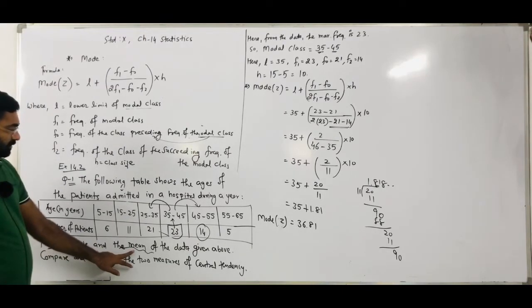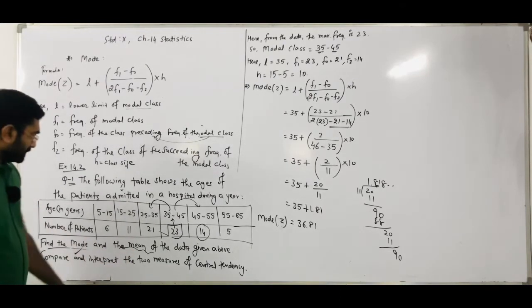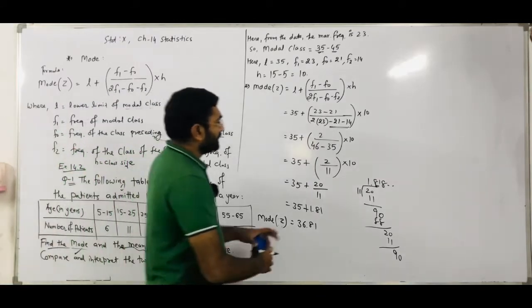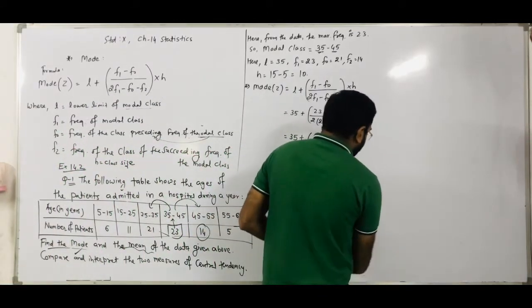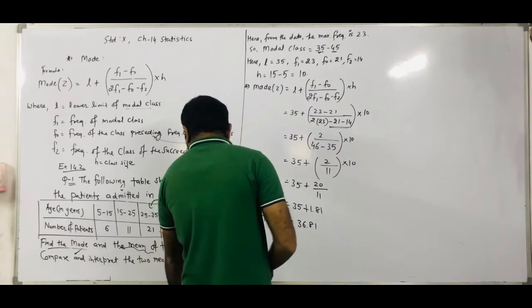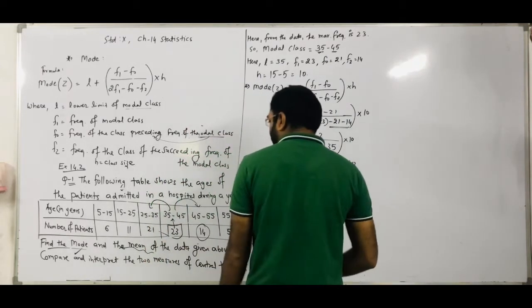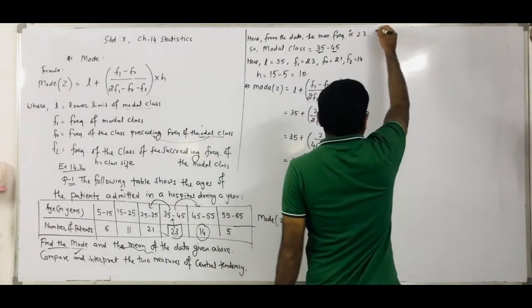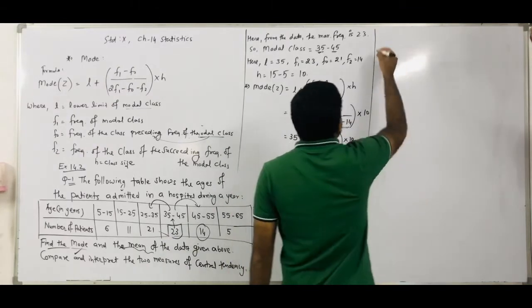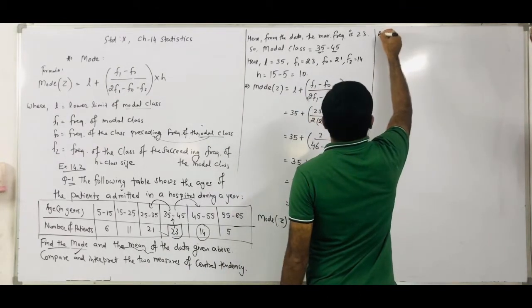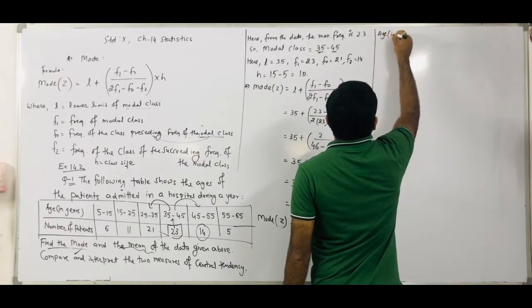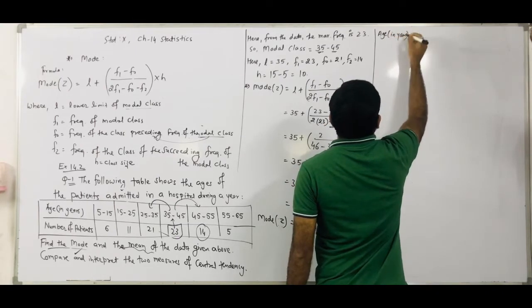Second question, we have to find out the mean. For the mean, we already discussed in exercise 14.1, we have to make a table. Here we use the step deviation method. So for that we make a table. Age in years.